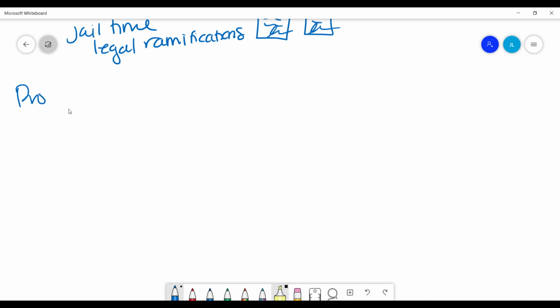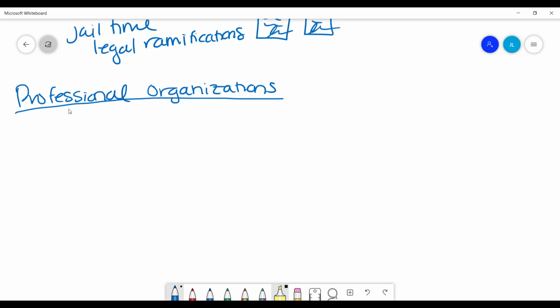We also mentioned that professional organizations also help to enhance the integrity of financial accounting information. I'm not going to go into incredible detail, but I'll just mention them to you. Okay, so we have a professional organization referred to as the AICPA, which is the American Institute of CPAs.